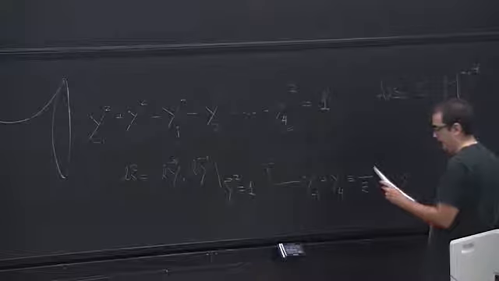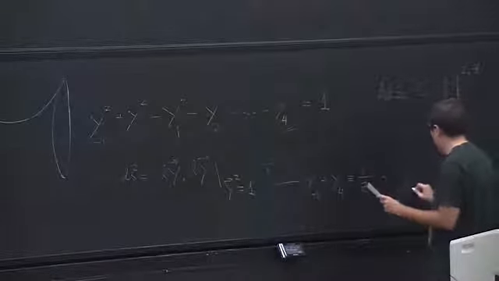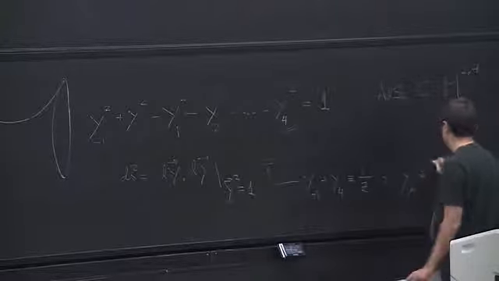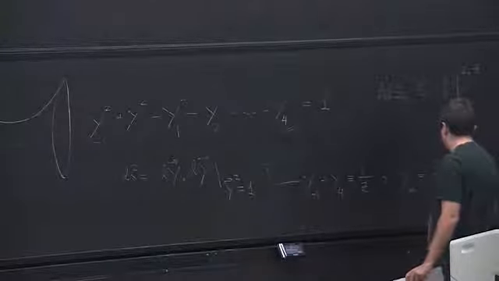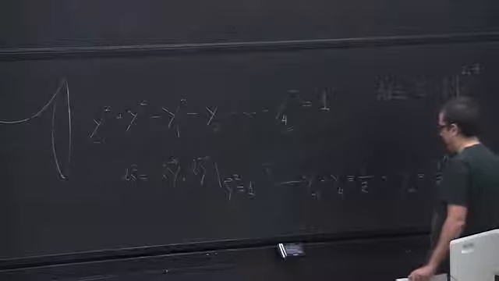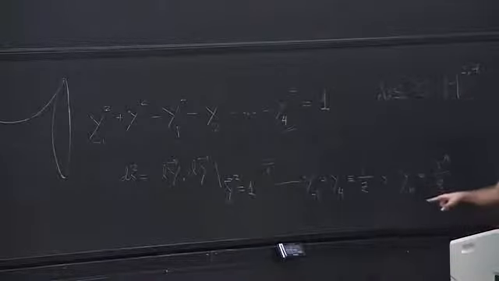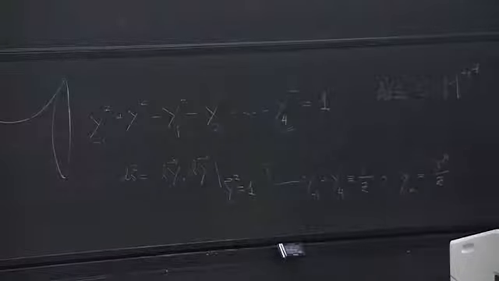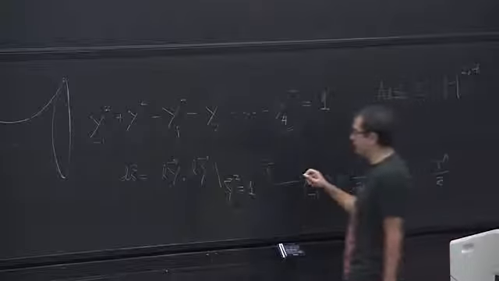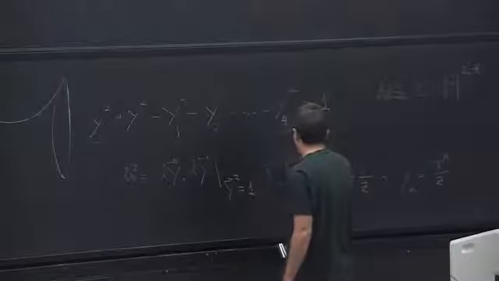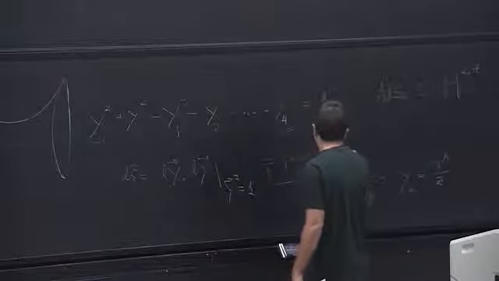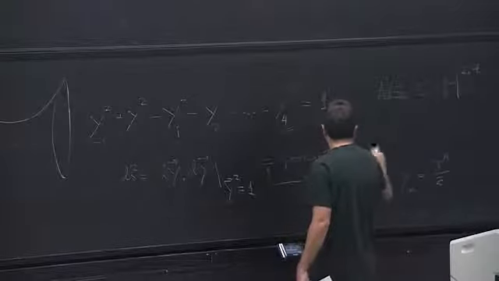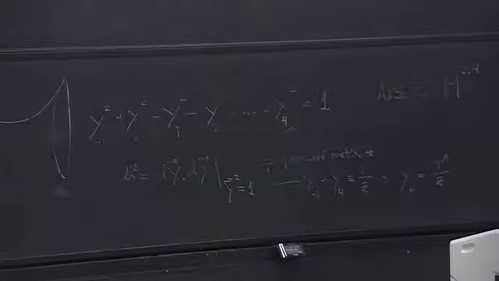And y mu, where mu runs from 0 up to 3, I call x mu over z. And the remaining y, the difference between the two, is such that the condition is satisfied. Then you find the Poincaré metric, which is just this metric here. These are what are called Poincaré coordinates.